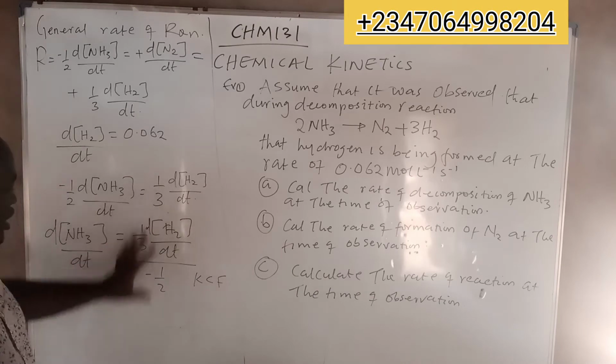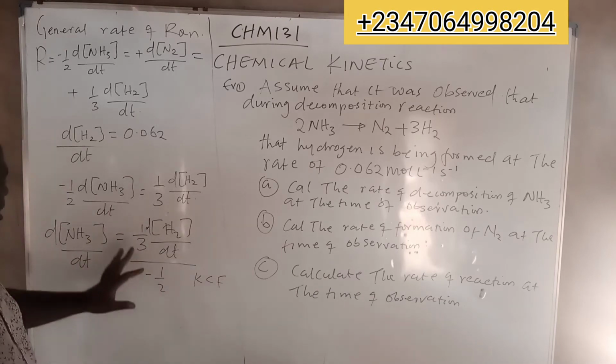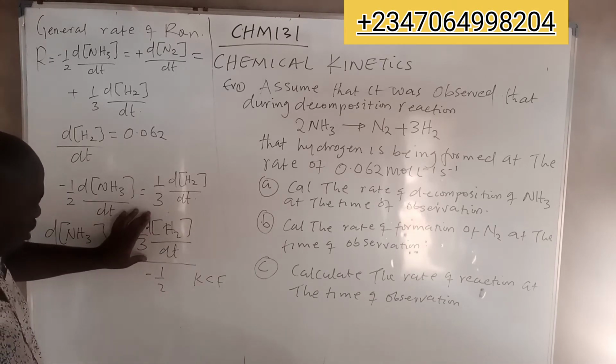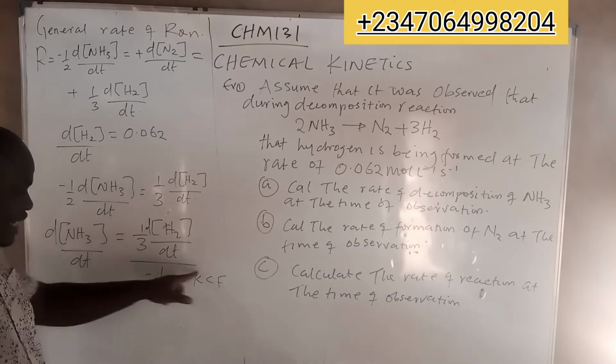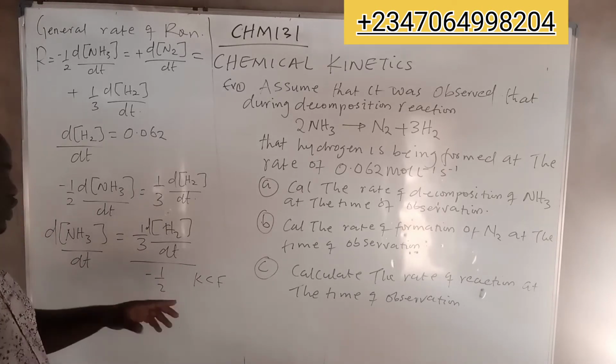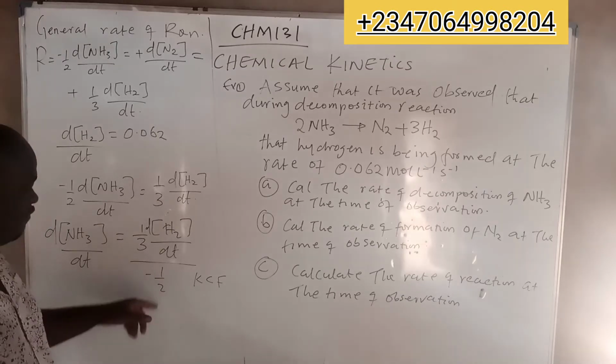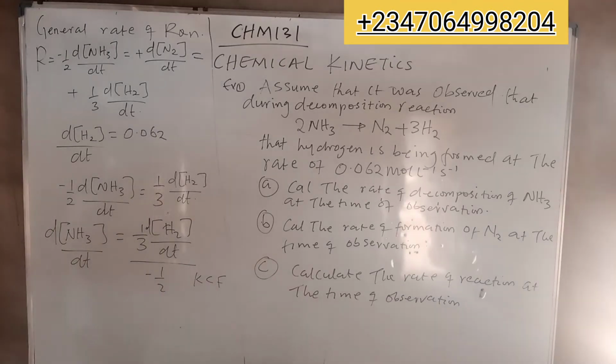Now, when you have a denominator that appears like this, I'm going to keep this one. I will change this sign, this division. So this division will turn to multiplication, and I will flip this one. So we call it keep, change, and flip.